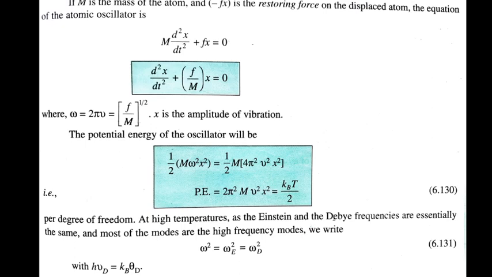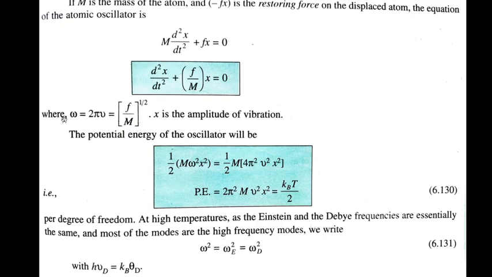Let us try to make an equation for this. If m is the mass of an atom and f of x is considered the restoring force, then this relation will give me the equation for the atomic harmonic oscillators. Divide the equation by m, then I have the acceleration, and this is f by m, x equal to 0 in the steady state relation.